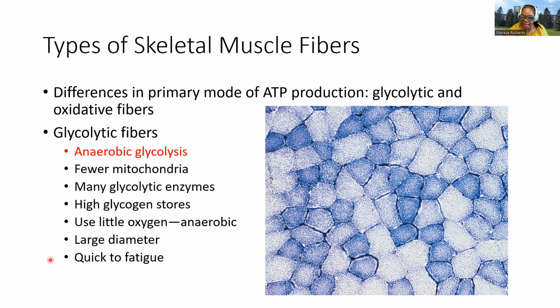But because of the lactic acid, remember that price to pay with anaerobic glycolysis is the buildup of lactic acid. And because of that, these types of muscles are going to be very quick to fatigue. So they can quickly generate a lot of force, but they'll also very quickly fatigue. And we see this with bodybuilders. Bodybuilders usually cannot run a marathon, right? They have a low fatigue threshold. They are strong, right?